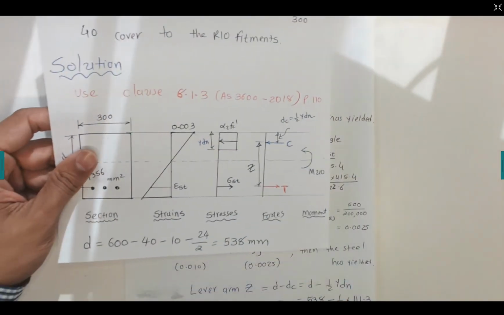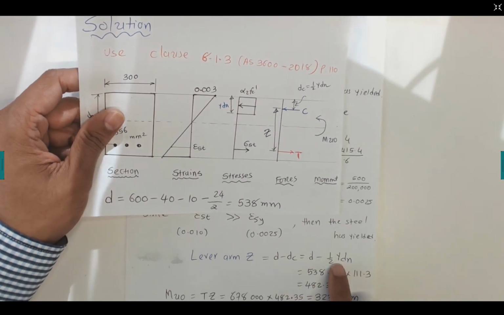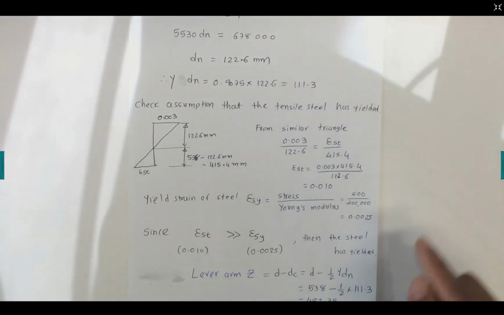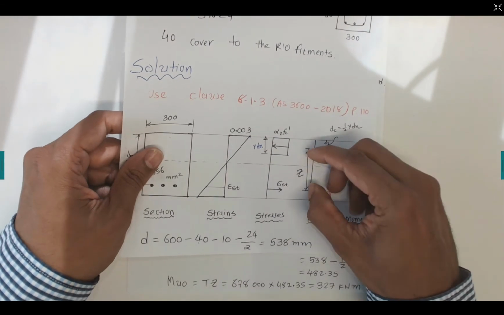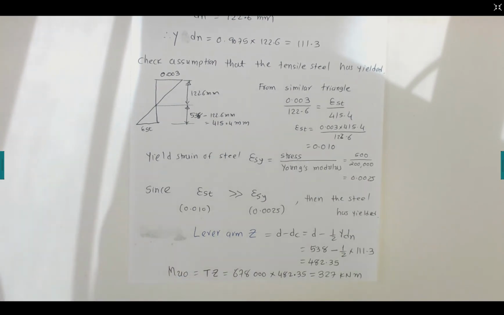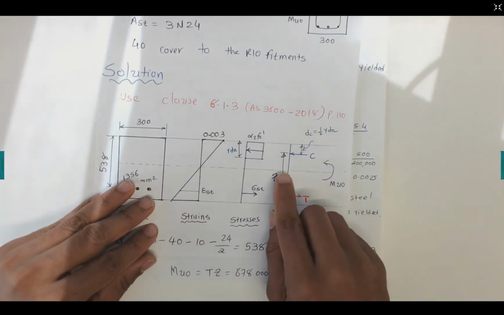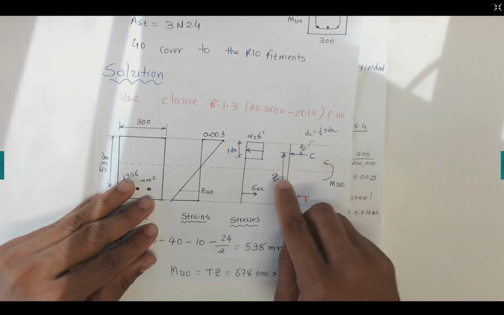So that's what I did: 538 take away half of gamma dn, and gamma dn we just calculated as 111.3. So the lever arm gives us 482.35. That's the lever arm distance, 482.35. The ultimate moment is nothing but the tension force times the z value, or you can also calculate the compression force times the z value.